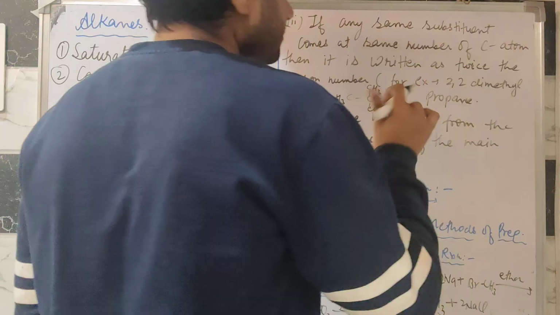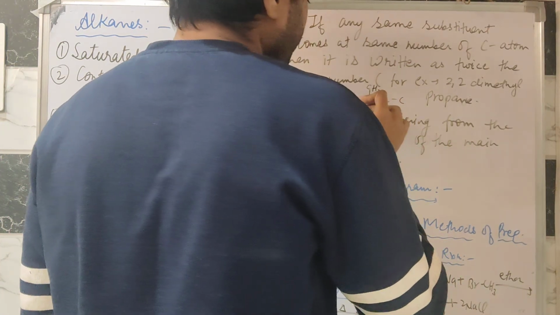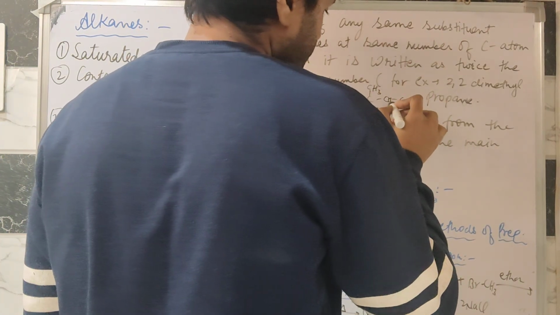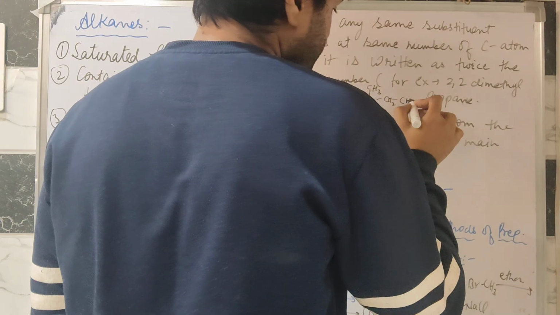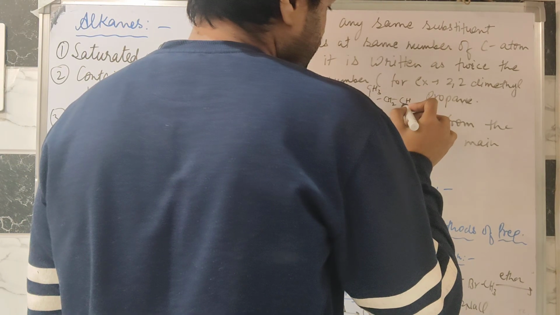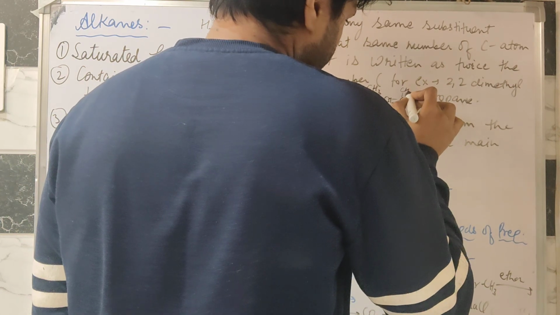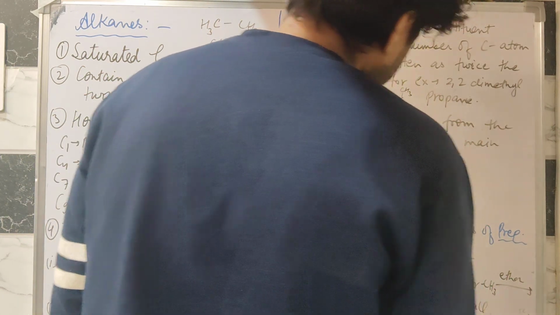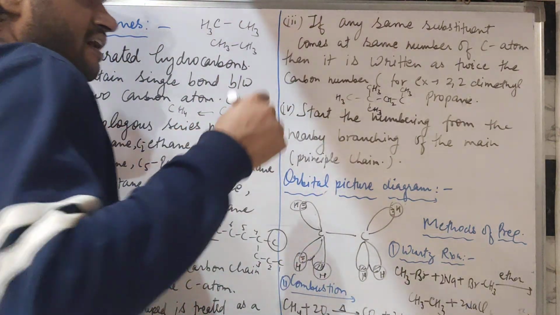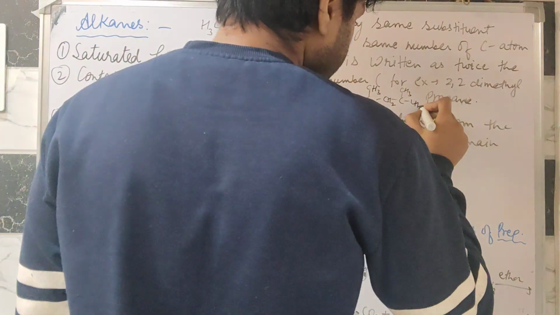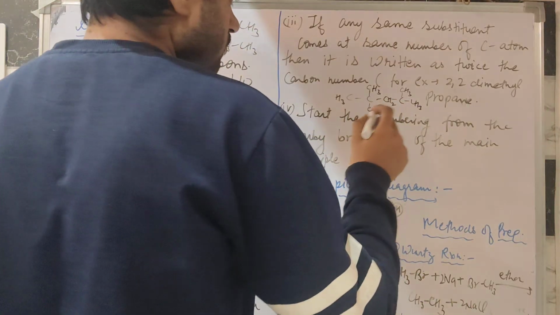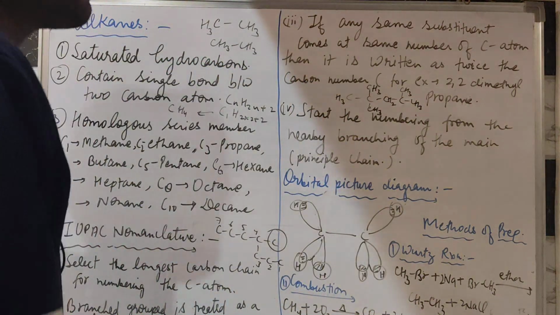If the positions are like this, with C, CH2, CH and CH3, it will be treated as trimethyl with the numbering. If attached like this, 1 2 3 4, it could be 2,4,4 trimethyl.